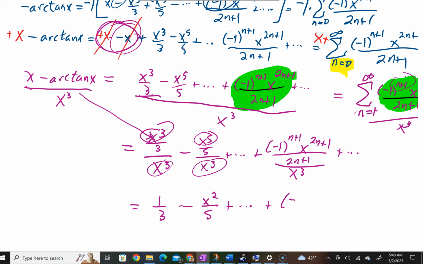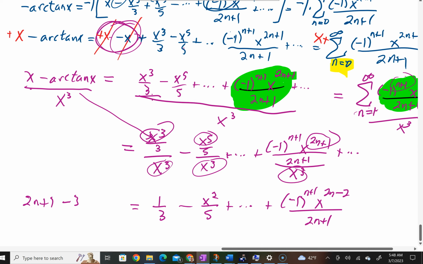And you'd say, well, I'd have negative 1 to the n plus 1. Look at this. If I have 2n plus 1 subtract a 3, you're going to have 2n minus 2. Another way you could look at it is you could say each one of these gets multiplied by 1 over x to the third, if you want to think of it that way.